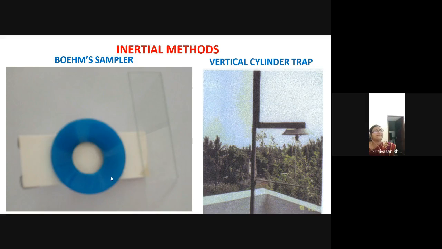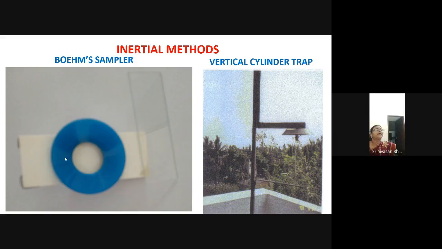There is a funnel-shaped inlet for the air, and you can see the metal clamps which hold the slide. So here the air is sampled onto a sticky slide which is inserted into this slot, and it is held intact with the metal clamps.